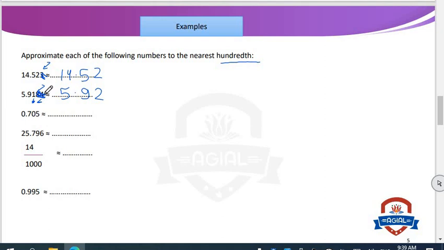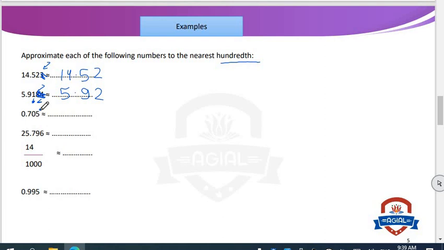Okay, number 3. Look at the number in thousandth place. What is the number in thousandth place? Number 3 after the decimal point. Super, 5. Okay, ask 5 with me. 5, you are strong? You are equal to 5 or more? Yes, I am strong.